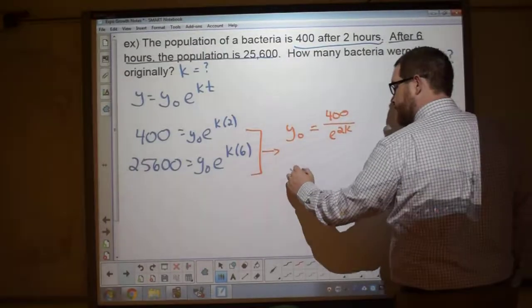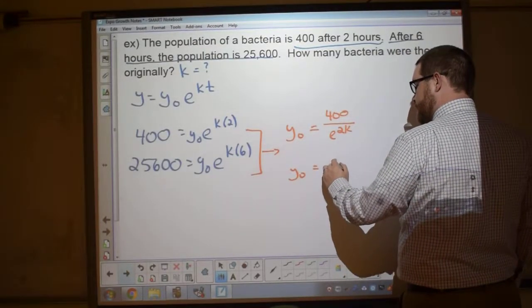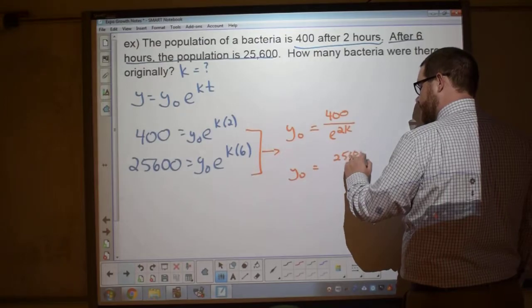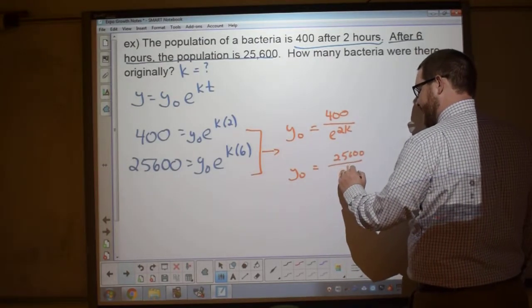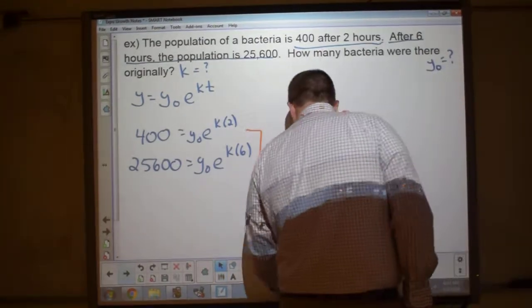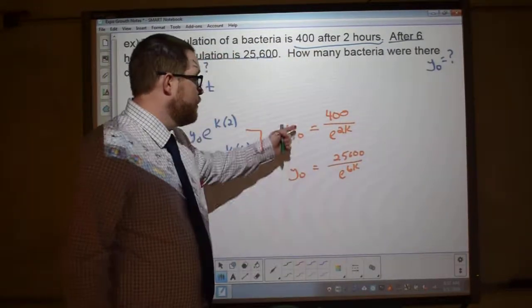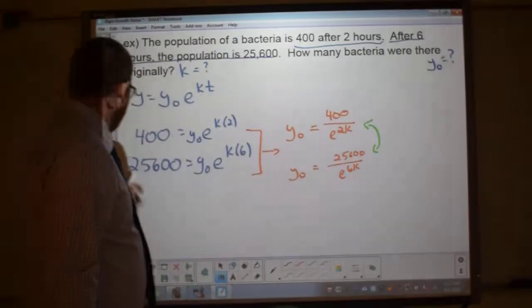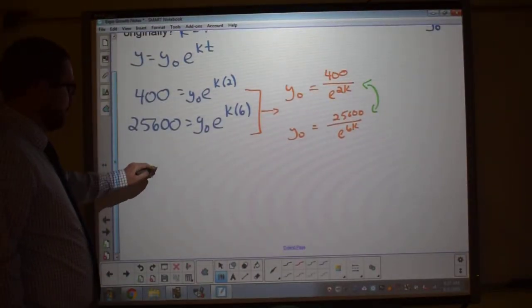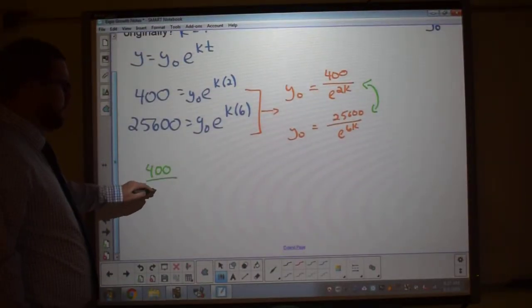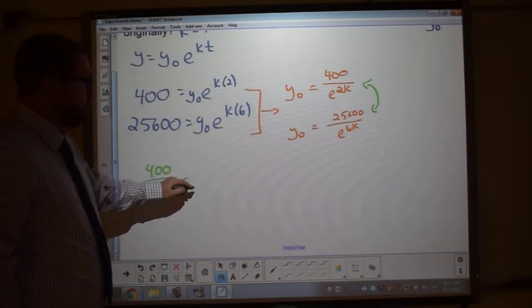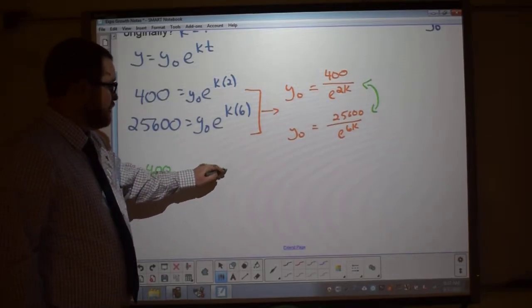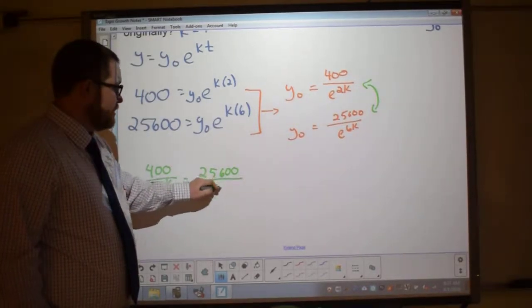The bottom one becomes 25,600 over e to the 6k. So I still don't know either of my two variables, but I know they're both equal to y naught, so let's set these two things equal to each other. So I have 400 over e to the 2k equals 25,600 over e to the 6k.